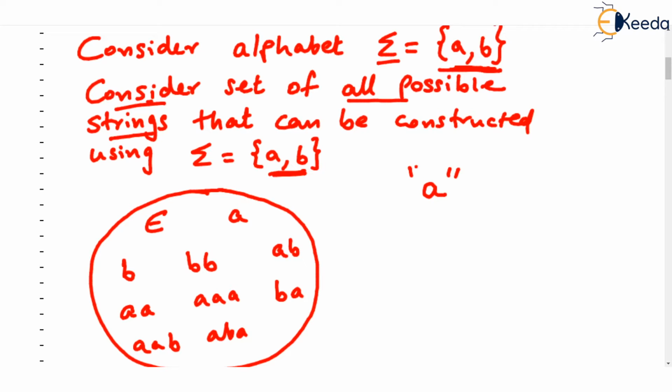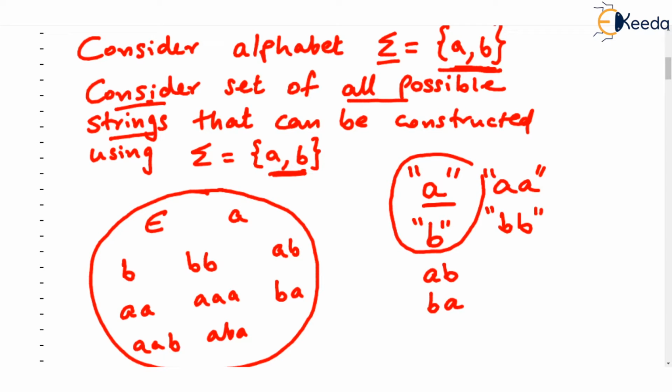I am just enclosing it in double quotes to emphasize that this is a string. This doesn't contain B, but of course, this is a string made up of A or B. Even single B is a string made up of A or B. What about AB? Yes. What about BA? Of course. Double A? Yeah, we have not taken any B over here, but double A is a string made up of sigma. Double B, you can find out that this A and B are one letter strings, whereas AB, BA, AA, BB are two letter strings.